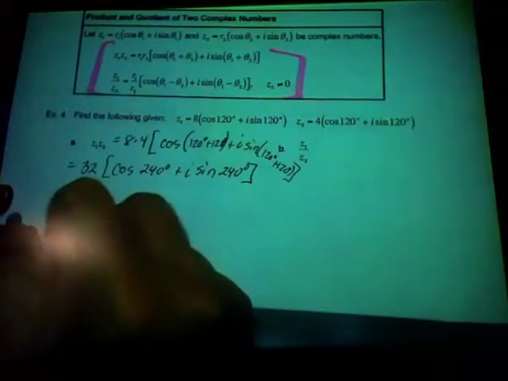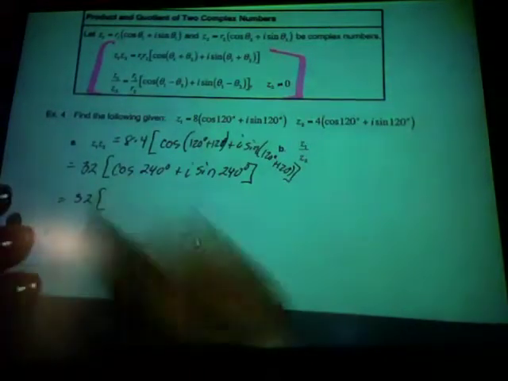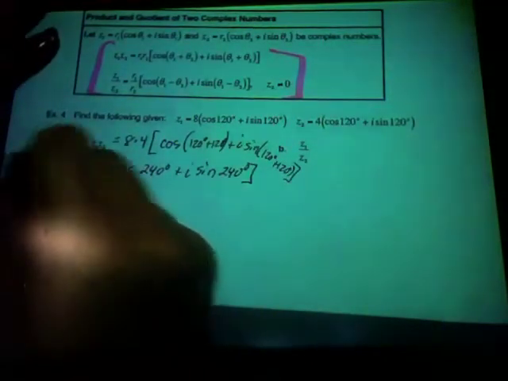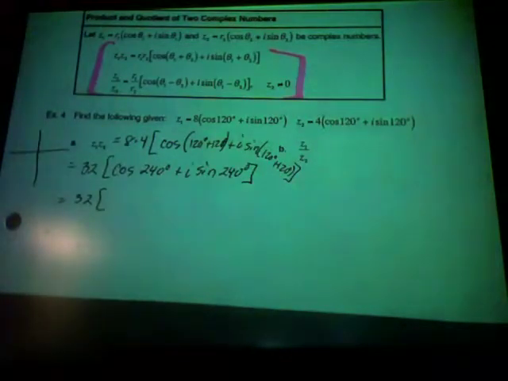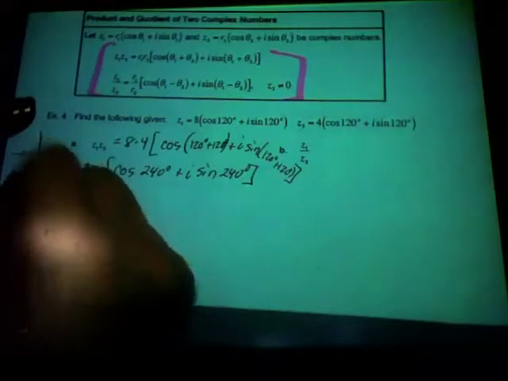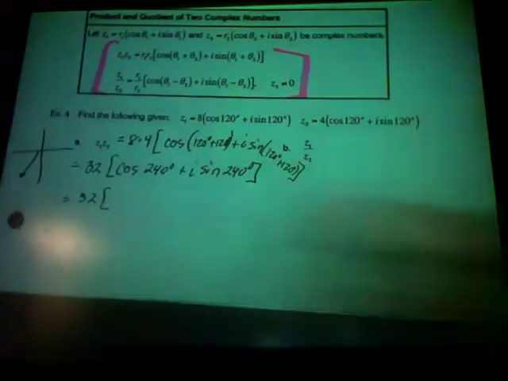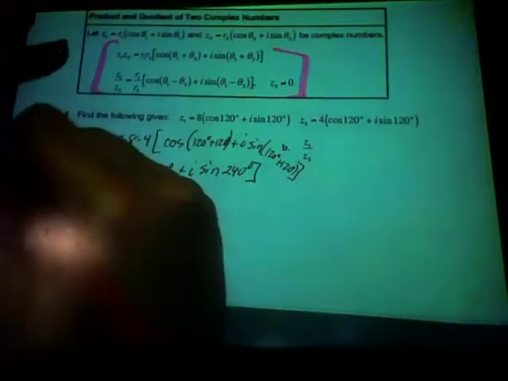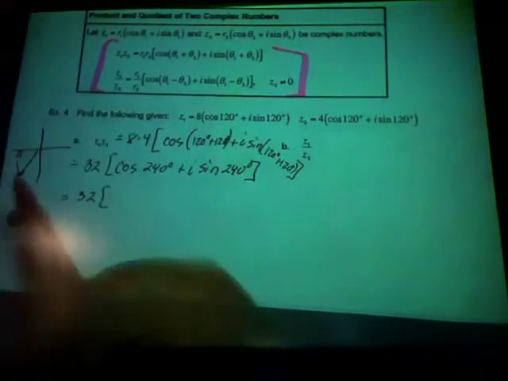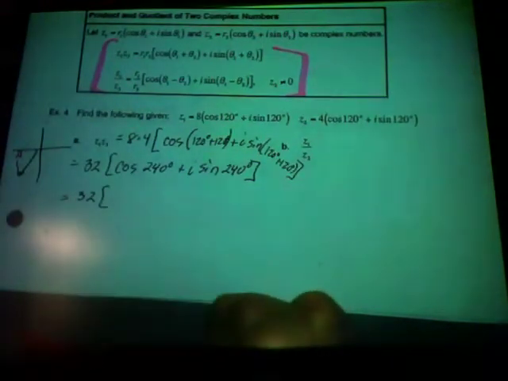All right, so then I actually have to find this in standard form. So I get 32 times, I have to find the cosine of 240. So off to the side here, where does 240 go? What quadrant? The third quadrant. And from here to here is 240 degrees. I'm going to make my reference triangle here. What's 240 minus 180?